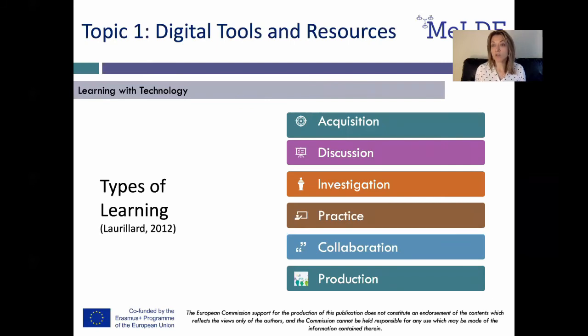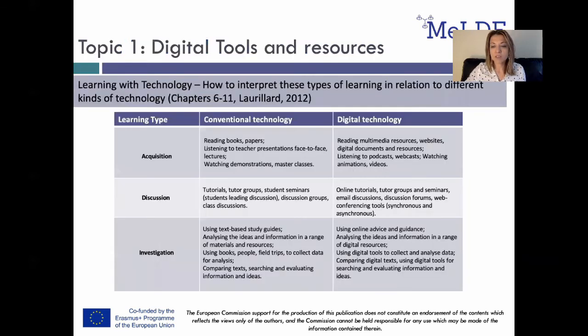Diana Laurillard also describes 6 types of learning with technology: acquisition, discussion, investigation, practice, collaboration, and production. You can see how these types of learning translate to the digital world in the following slides.